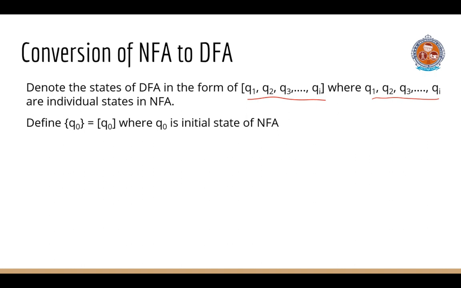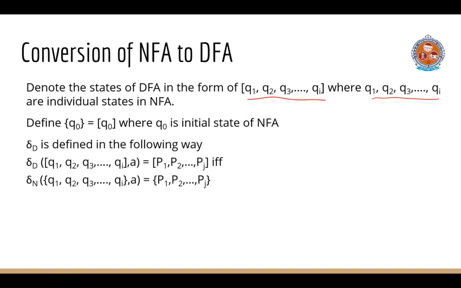Now we define Q0 = [Q0], where Q0 is the initial state in the NFA. Means the initial state of the NFA is Q0, then the initial state of the DFA is also [Q0]. Delta D is defined in the following way.